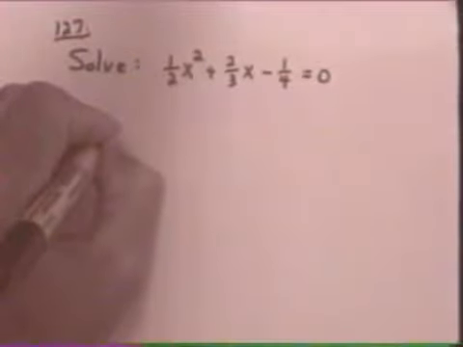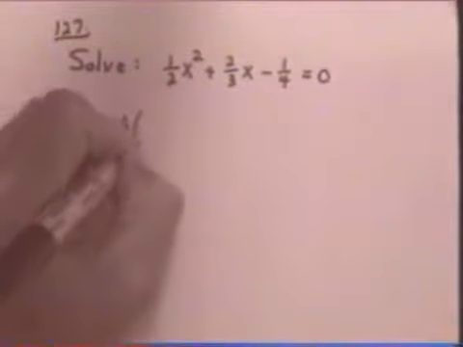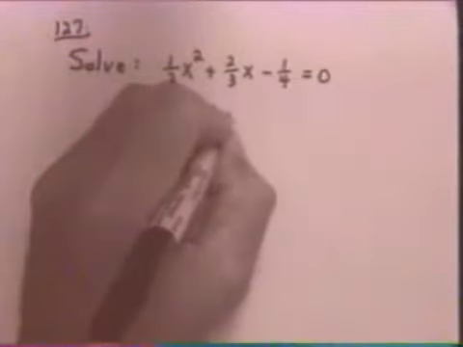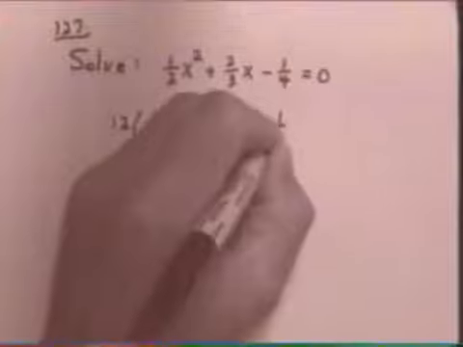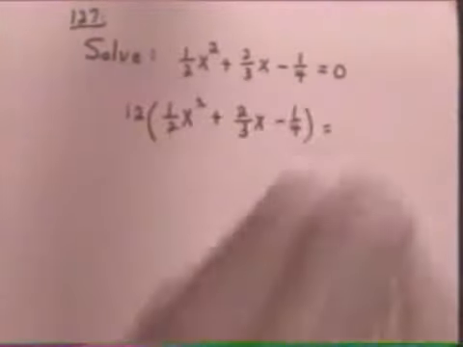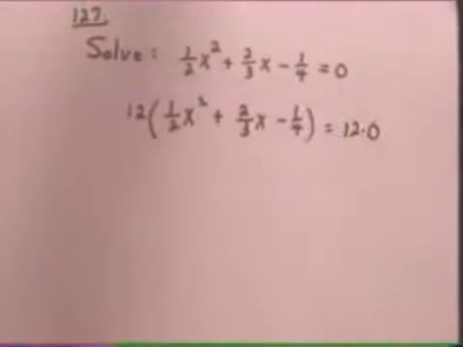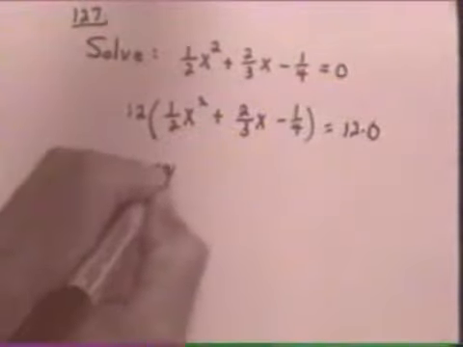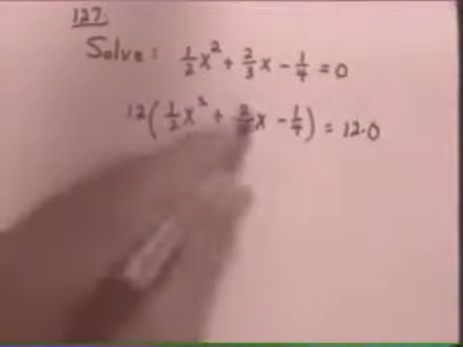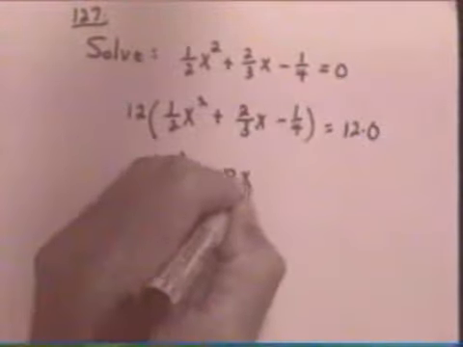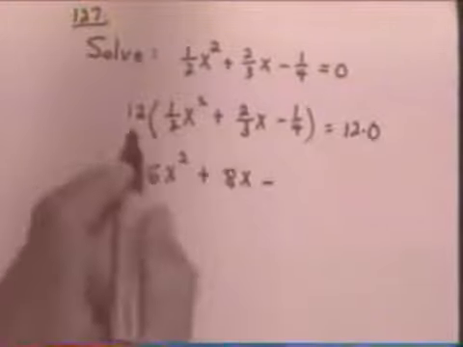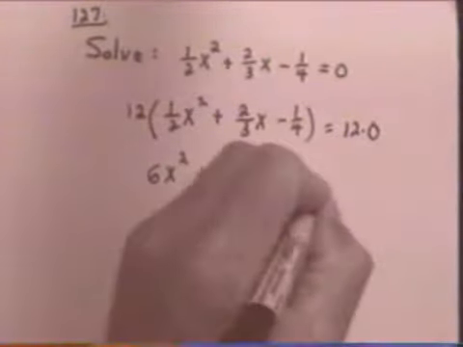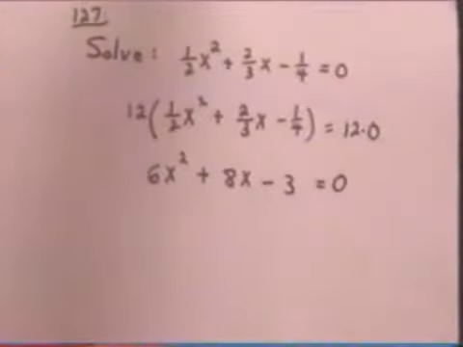So I'm going to multiply both sides by 12. 12 times 1/2 x squared plus 2/3 x minus 1/4 is equal to 12 times 0. Now 12 times 1/2 x squared is going to be 6x squared. 12 times 2/3 x is 8x, minus 12 times 1/4 is 3, is equal to 12 times 0 is 0.